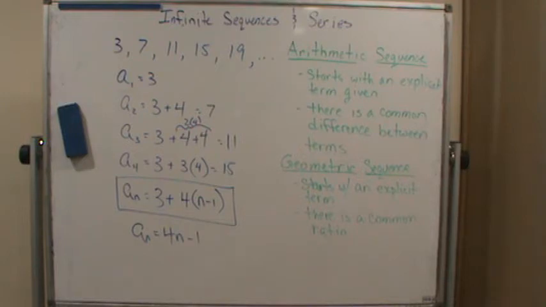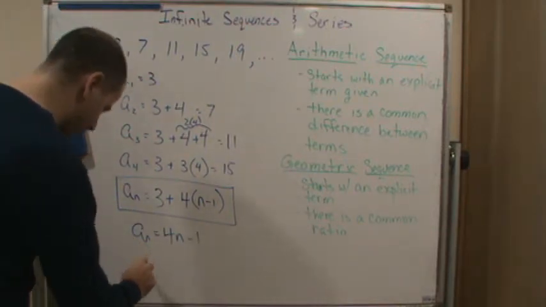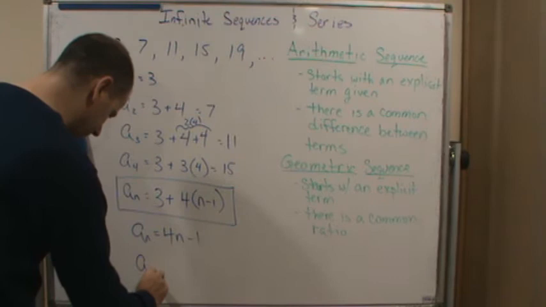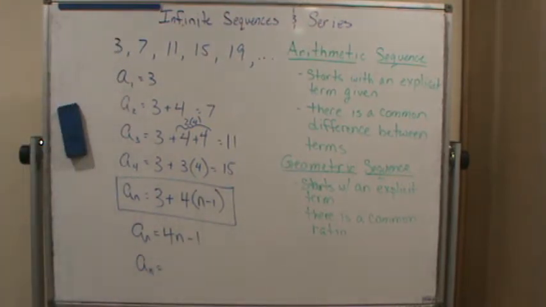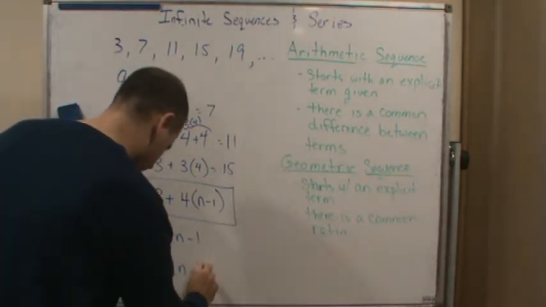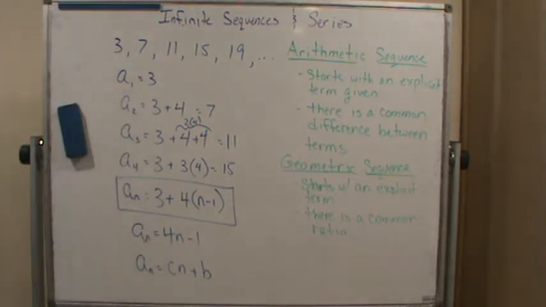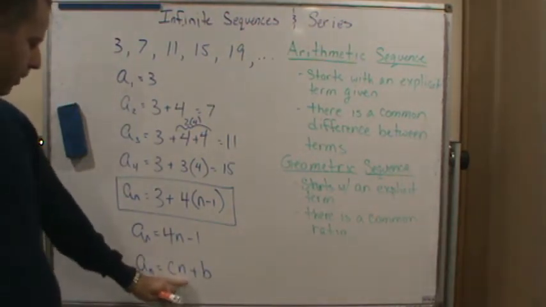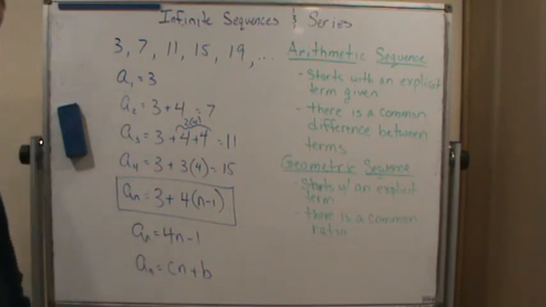So now, the explicit formula of an arithmetic sequence has this form. All arithmetic sequences will have a form of a sub n equals some multiple c times n plus b, where c and b are constants. So they always have this form.